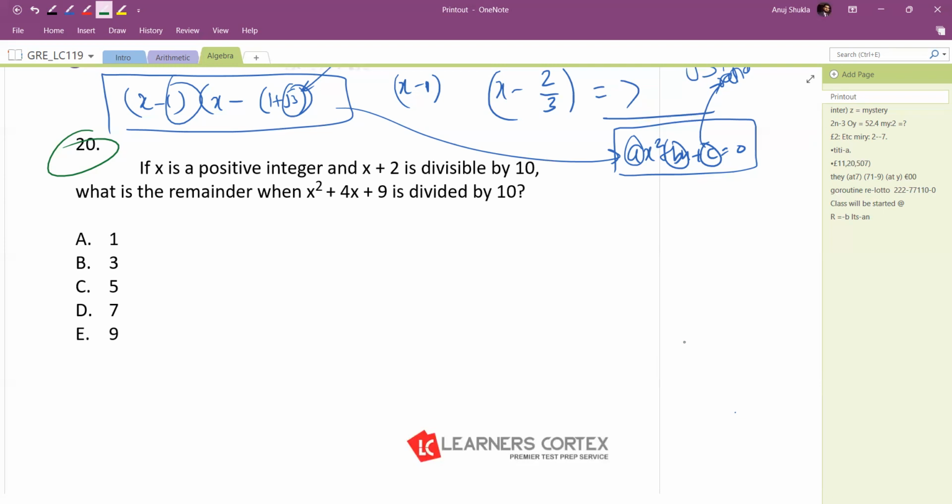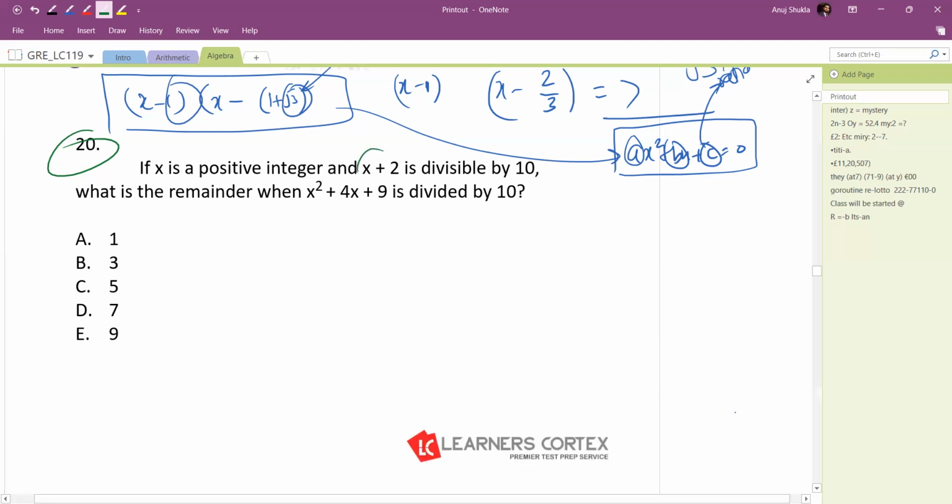Okay. 7. 5, sir. So which is remaining? 9 is the only one remaining. Anybody with 9? No.